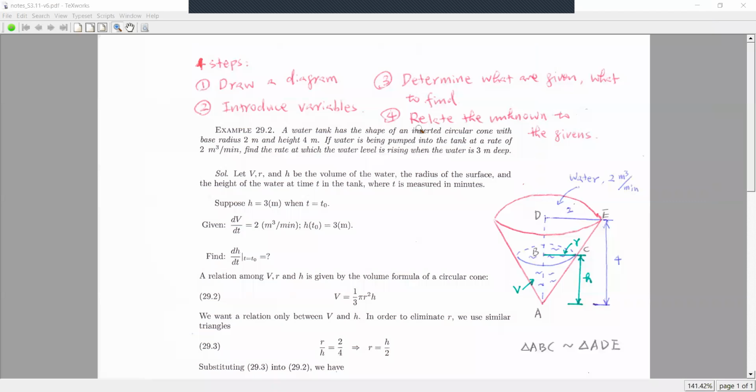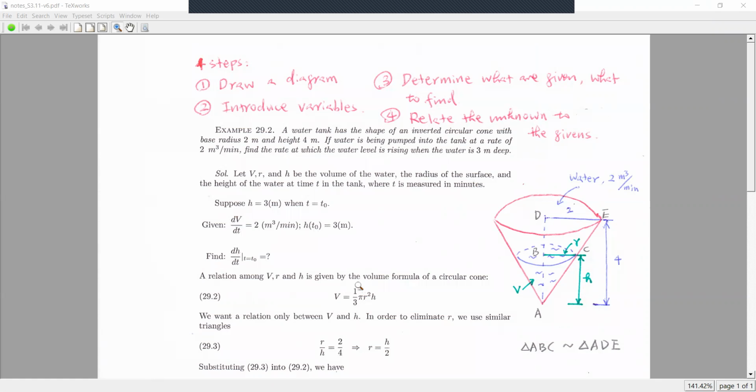Step 4. Relate the unknown to the givens. The unknown is dh/dt and the given is dV/dt. We want to find a relation between them. A relation among V, R, and H is given by this equation.